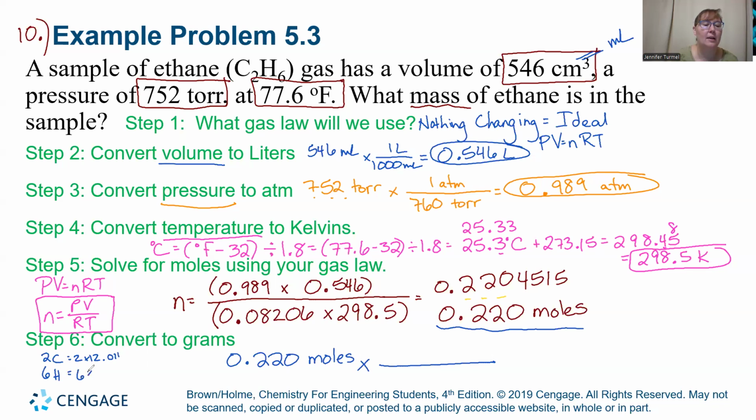And 6 times 1.008, which gives me a molar mass of 12.011 times 2 plus 6 times 1.008, and it comes to 30.070, and that's grams of ethane per mole.